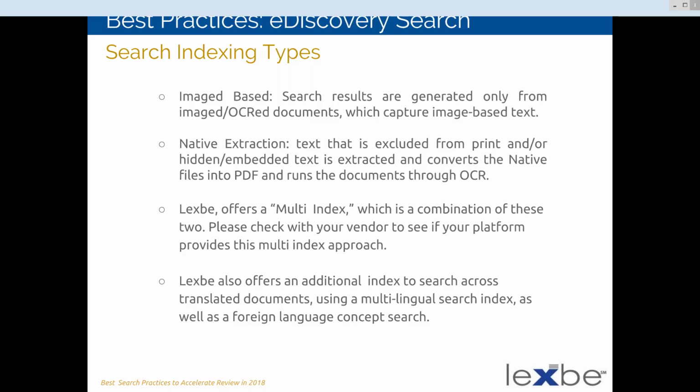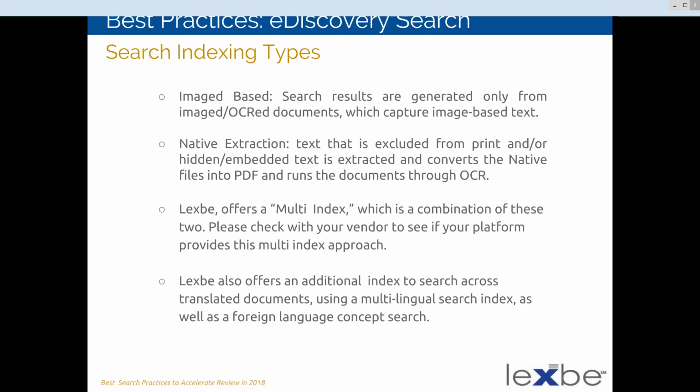If you have a lot of information in one Excel cell, for example, and you run it through the image-based index, you will only get the part of the cell that is visible to the eye. You will not get the entire sentence, for instance, or formula or number. You'll only get what's visible on the screen.